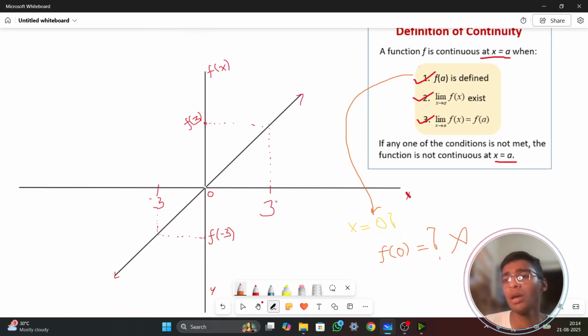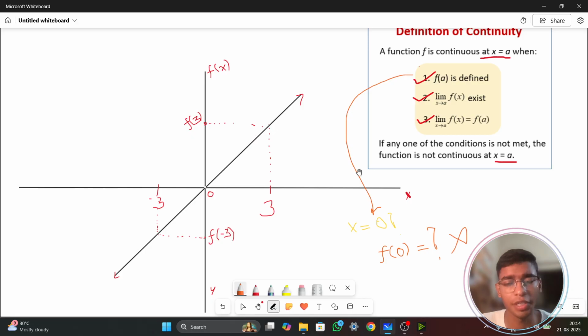That means at 0 my function is not defined, because there is no value present for x at 0 in my range set y, which I showed you in those two sets.